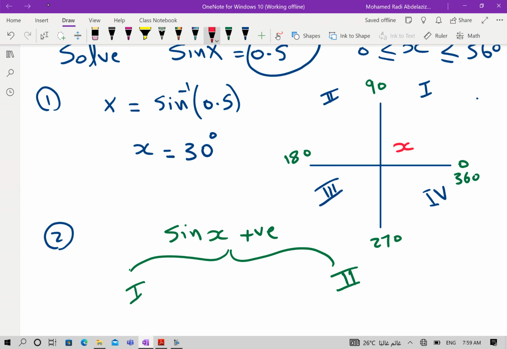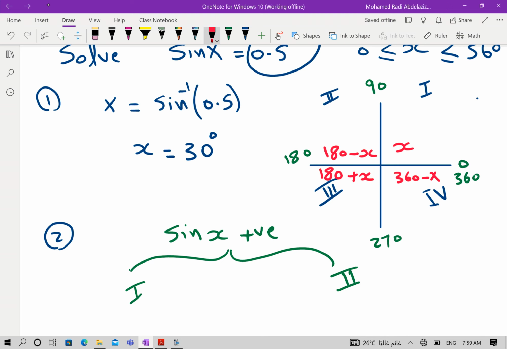If it is in the second, find it by using 180 minus the basic angle. If it is in the third, use 180 plus the basic angle. If it is in the fourth, use 360 minus the principal angle. Sin x is positive in the first and the second.